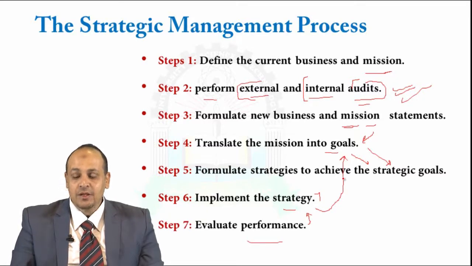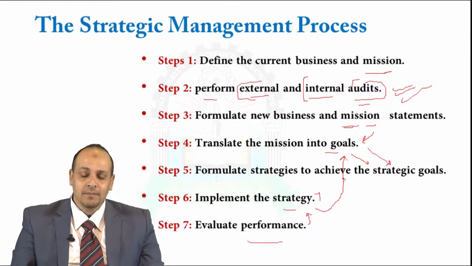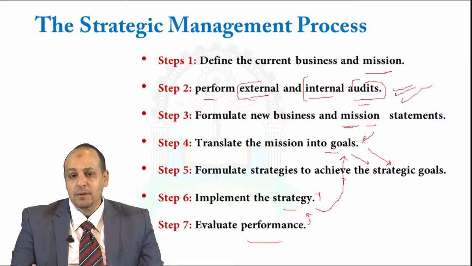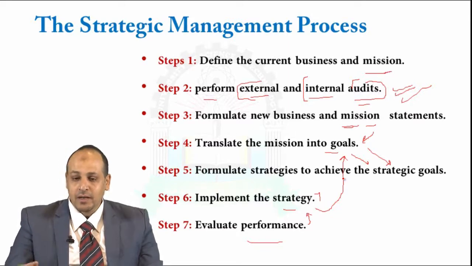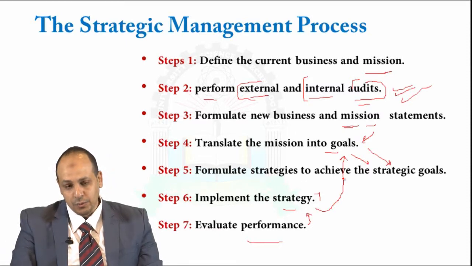So the evaluation in this process, which is step number 7, is very important, because sometimes while implementing the strategy itself, we need to amend it again. Some actions within the strategy may not be right. That is why we have to go back to the actions and refine and change some tactics and operations so that the strategies get back on track to achieve our goals.